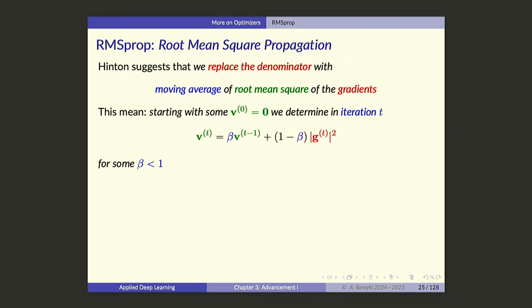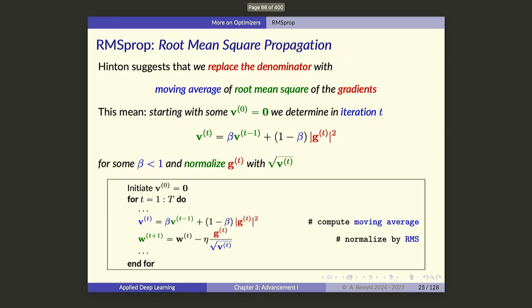Clear? Everybody's cool? Okay, so you compute this one, again for some beta, and then at the very end, when you want to update, instead of updating with g_t divided by its own amplitude, you just update it with g_t divided by the square root of v_t.